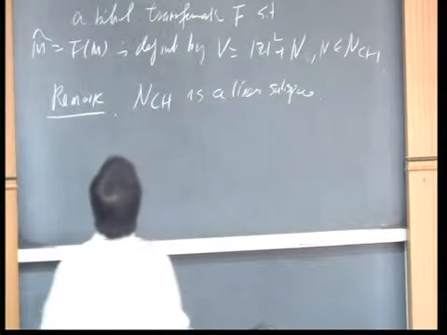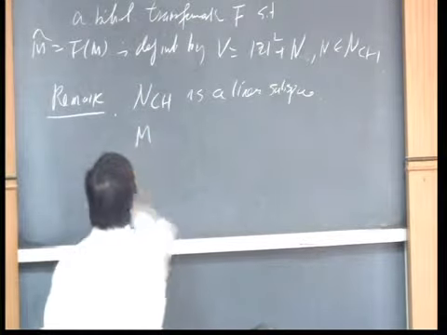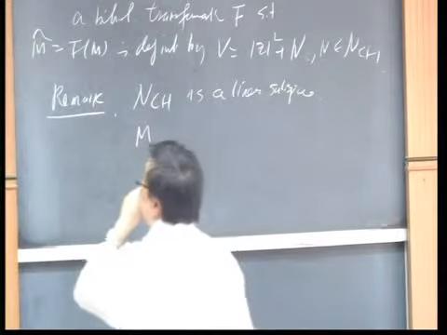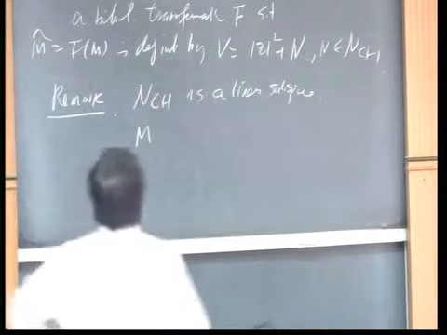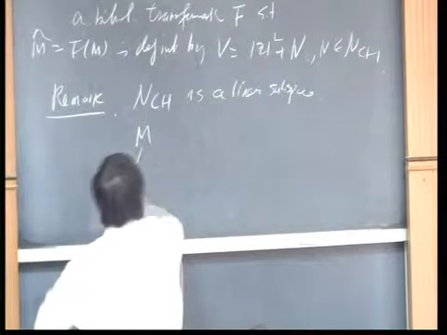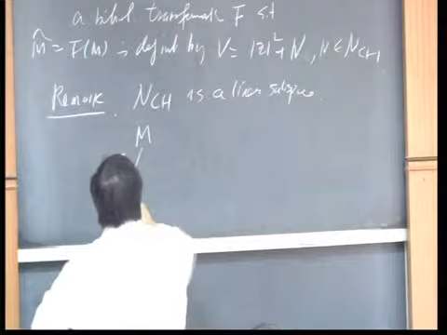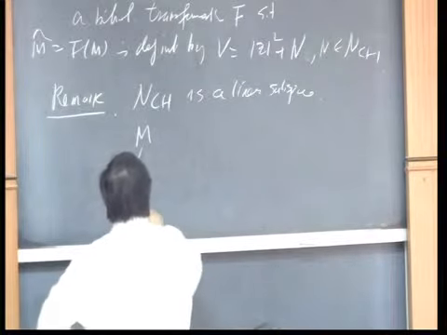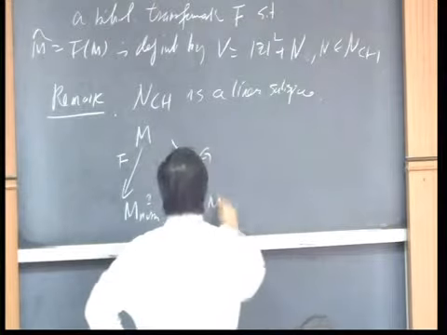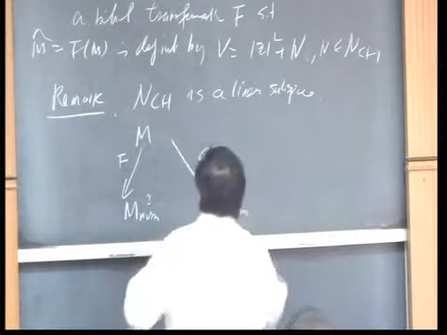What I'm saying is, now you start from one M. You might have different normalizations. You might have F normal 1, and another normalization, F normal 2.